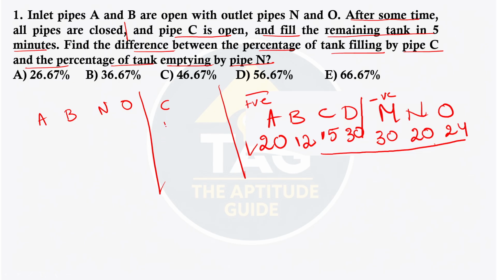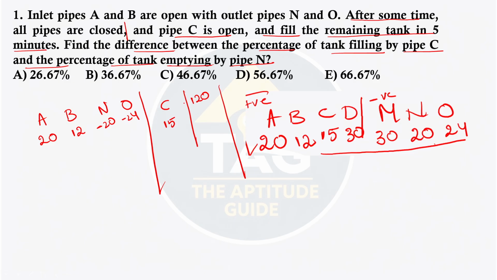So pipe C can fill the tank in 15 minutes. Pipe A can fill the tank in 20 minutes. Pipe B can fill the tank in 12 minutes. Pipe N can empty the tank in 20 minutes. Pipe O can empty the tank in 24 minutes. Fine. So for the total capacity of the tank, take the LCM of all these numbers. I'll assume the total capacity of the tank as 120 units.